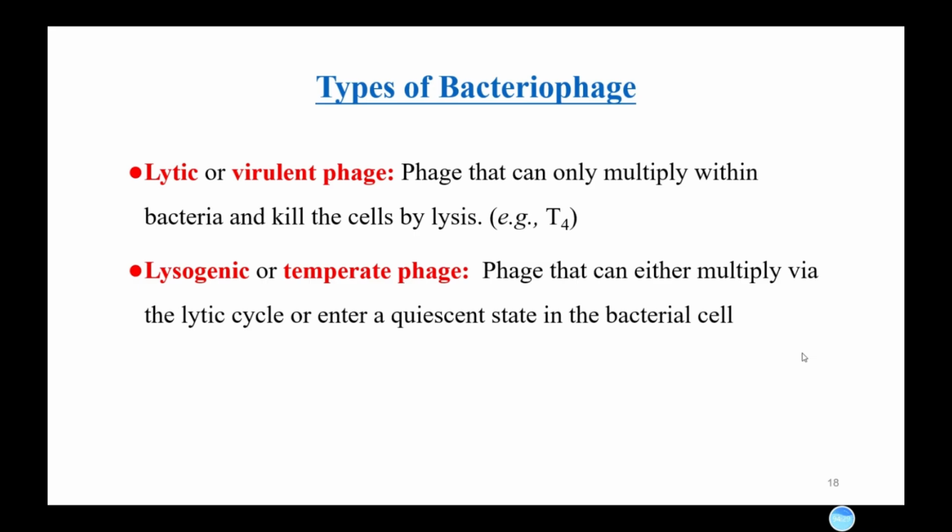Another form is called lysogenic phage or temperate phage. This phage can lyse the whole cell, but they can also enter a quiescent state. They actually integrate their genome with the host cell DNA. So that's the lysogenic state.